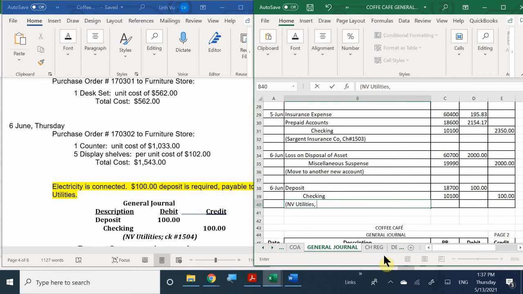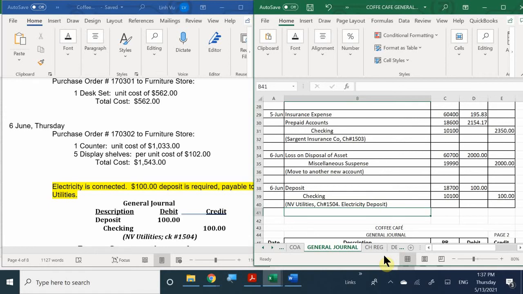I wrote this check number 1504, electricity deposit. Okay, so there's our first journal entry.